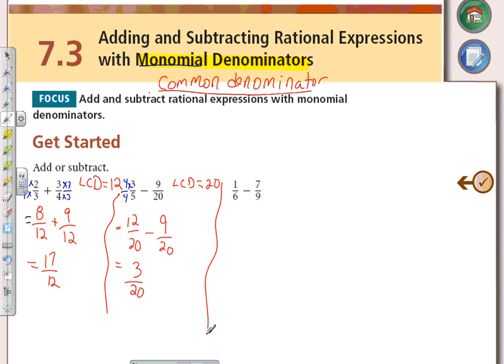Next one. When I look at these, again, it's not just 6 times 9 to give me the LCD, and it's not 6, and it's not 9. So we actually have to look a little bit further to find the LCD. On this one, the LCD is equal to 18.